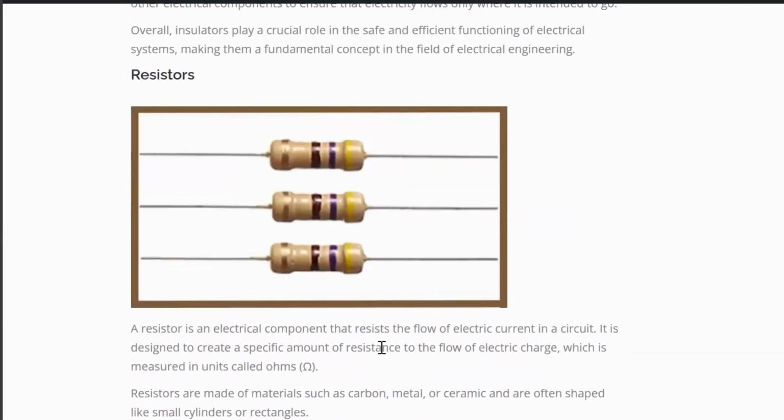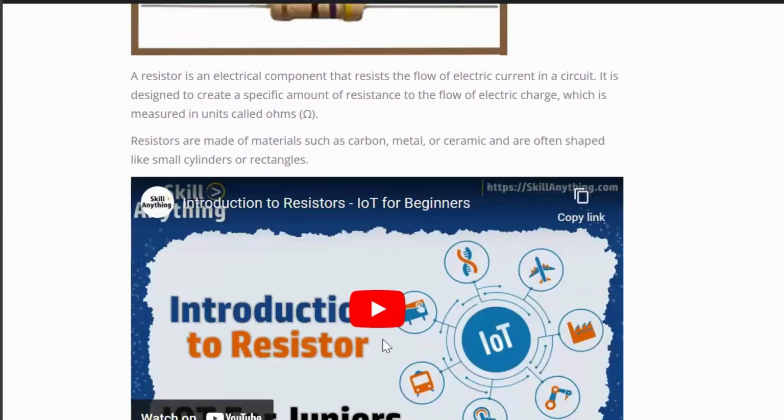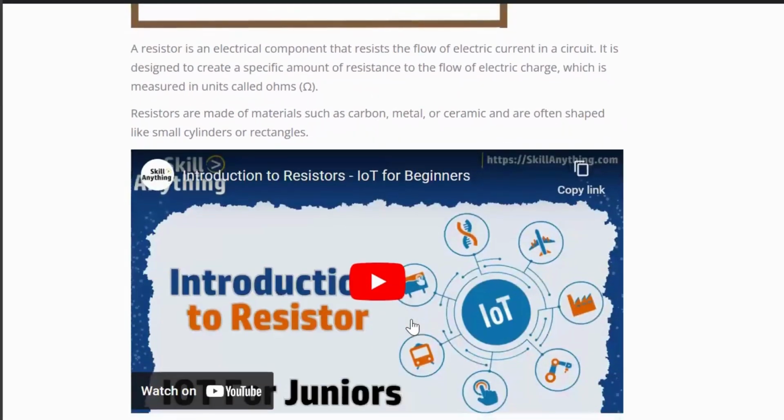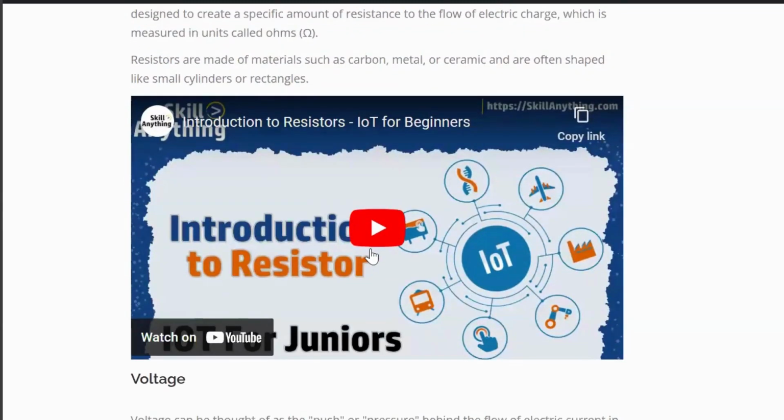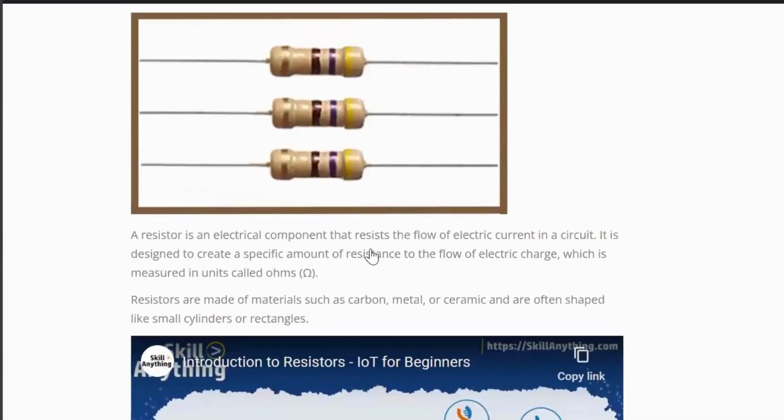A resistor is nothing but the electrical component which we use to put hindrance or resistance in the path of current. So why would we ever do that? The simple answer is to control the current. In this video, I already explained the resistor and its basic concepts, as well as how to find the resistance of a carbon coated resistor.